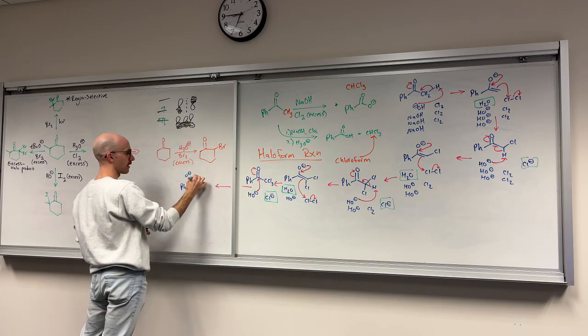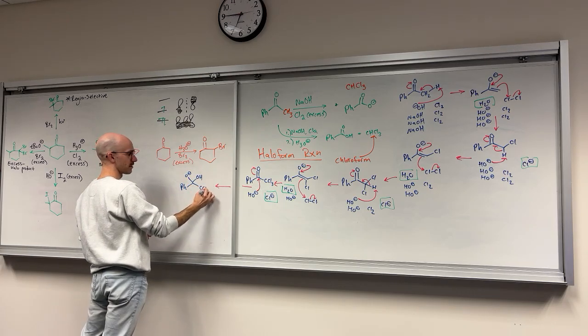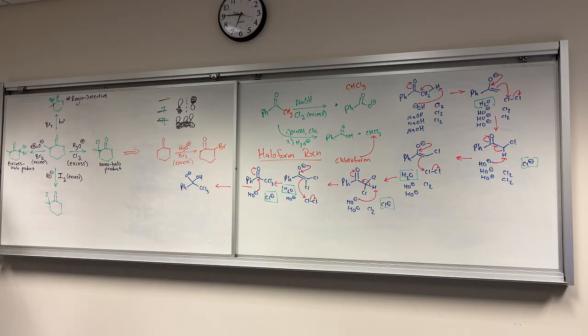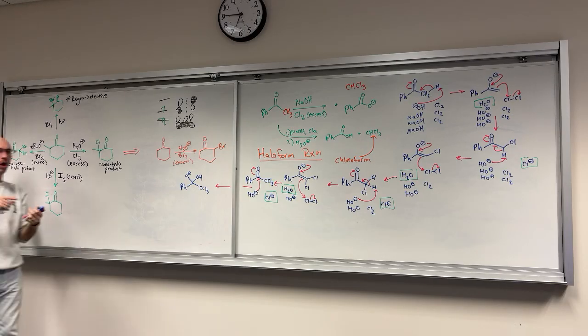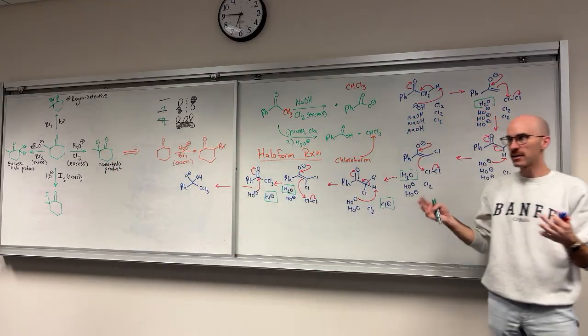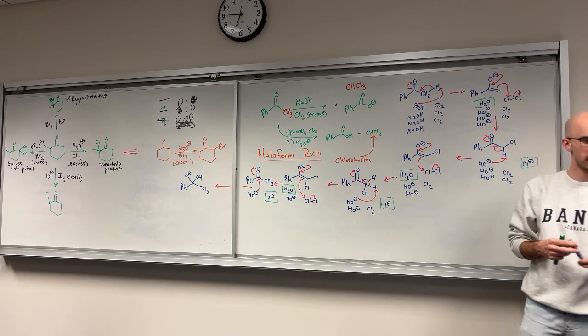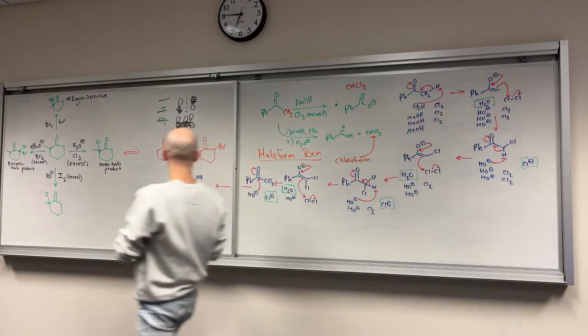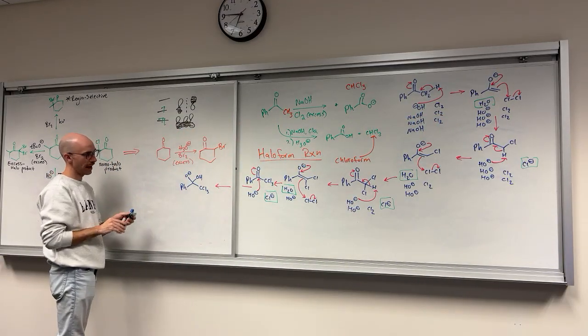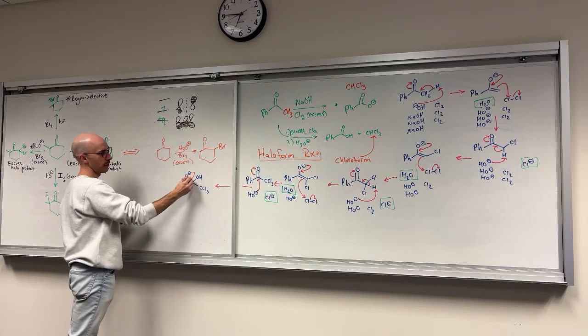This gives me O minus, OH, CCl3. That is a tetrahedral intermediate. Those tetrahedral intermediates formed all over the place in our unit 4, in all of our acyl derivation products. The CO minus collapses back down into the CO double bond.